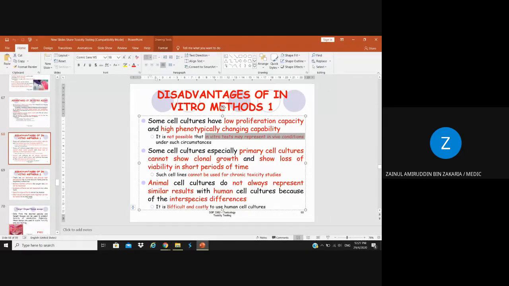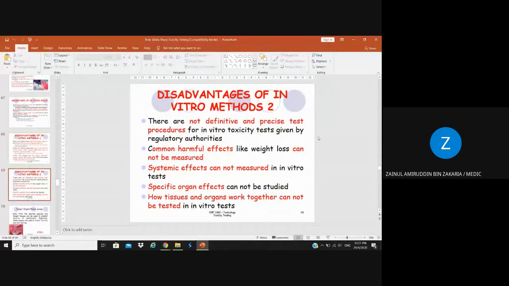Okay, it is difficult and costly to use human cells. Another issue of animal and human cell culture is that the cost of using human cell culture is more expensive. This is some of the disadvantage, and then there is no definitive and precise test procedure for in vitro toxicity tests given by a regulatory authority.